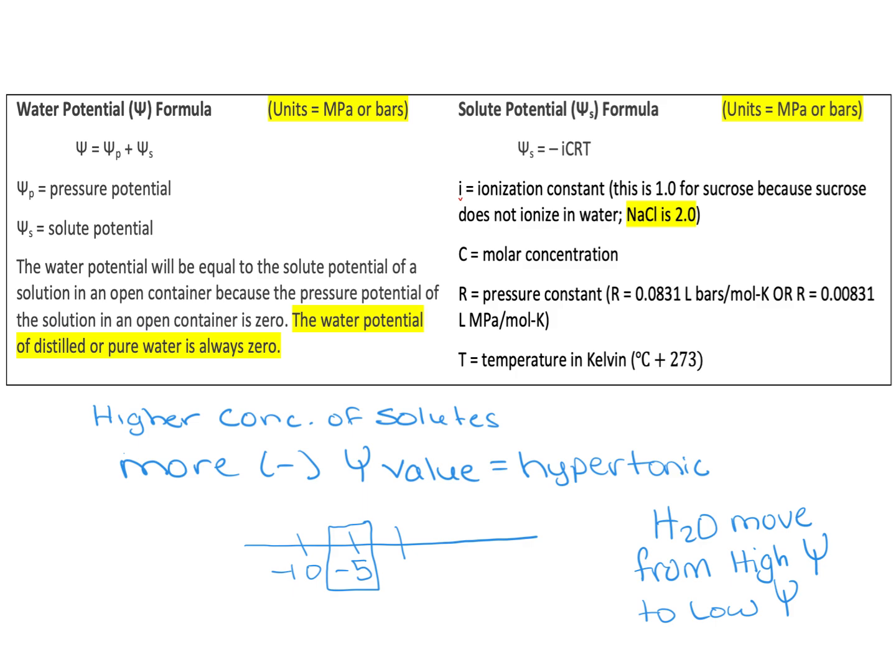Is it going into the cell? Is it coming out of the cell into the solution? And that's going to be based on that value. It's going to go from high to low.